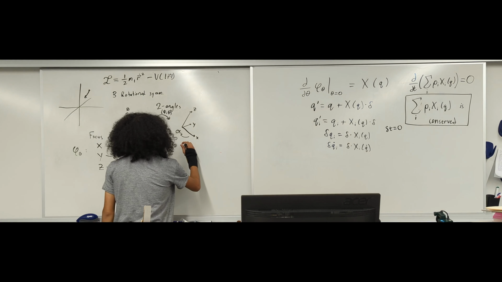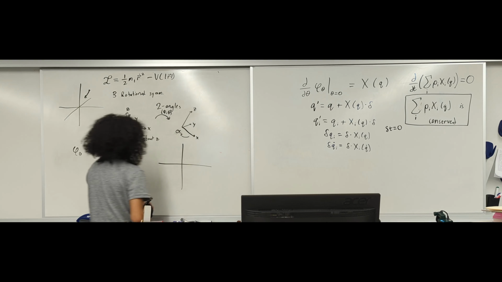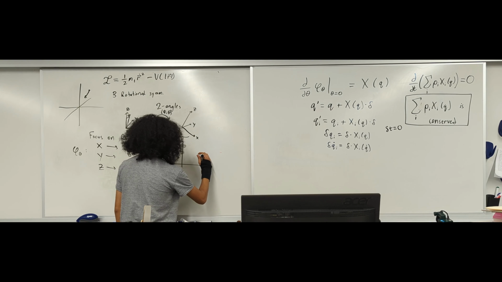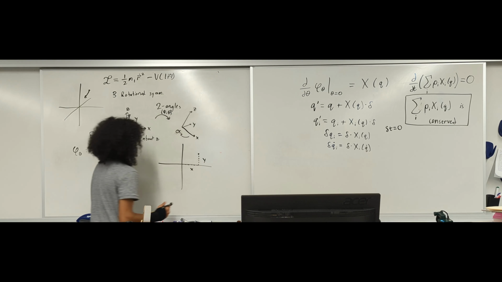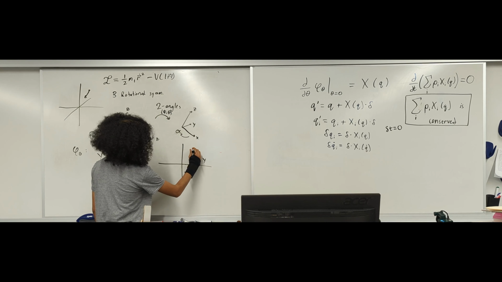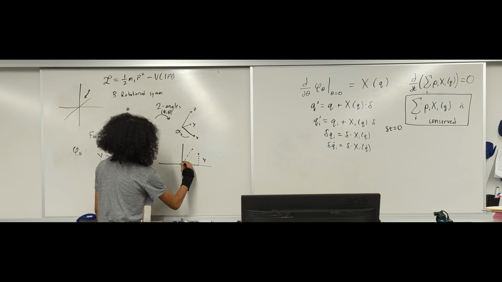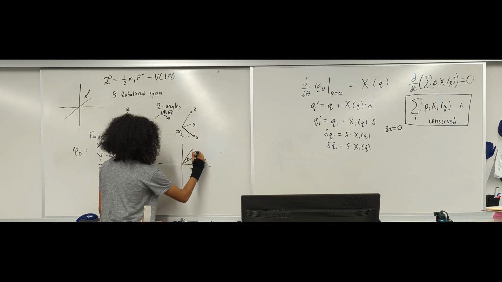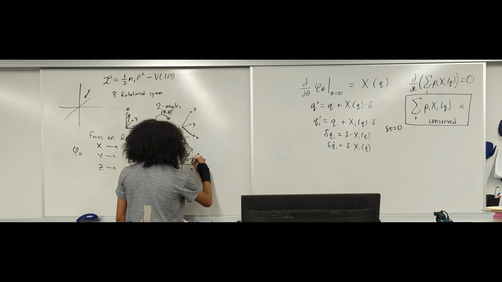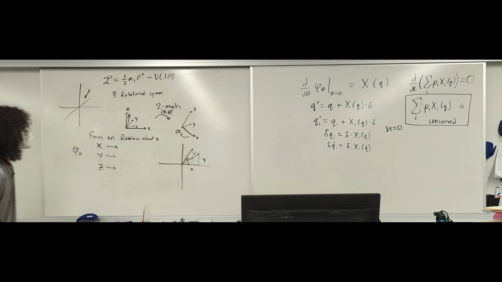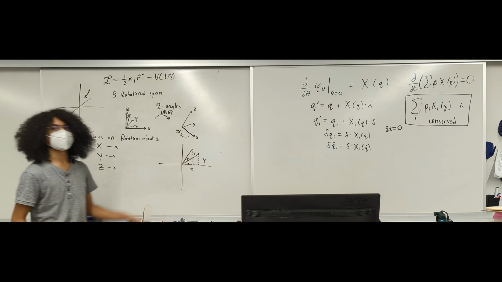So we're taking a point that has this x-coordinate, this y-coordinate, then we rotate it by some angle theta. Maybe let's make this solid. And now we have x prime and y prime. How do we determine what x prime and y prime are?